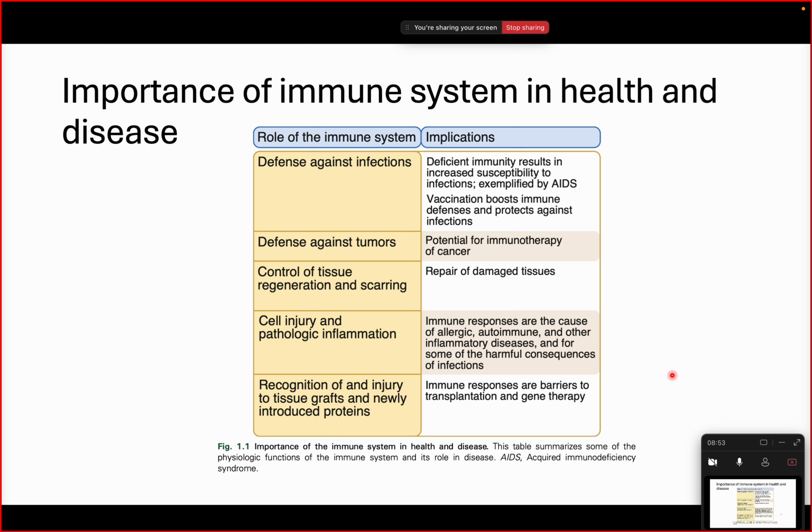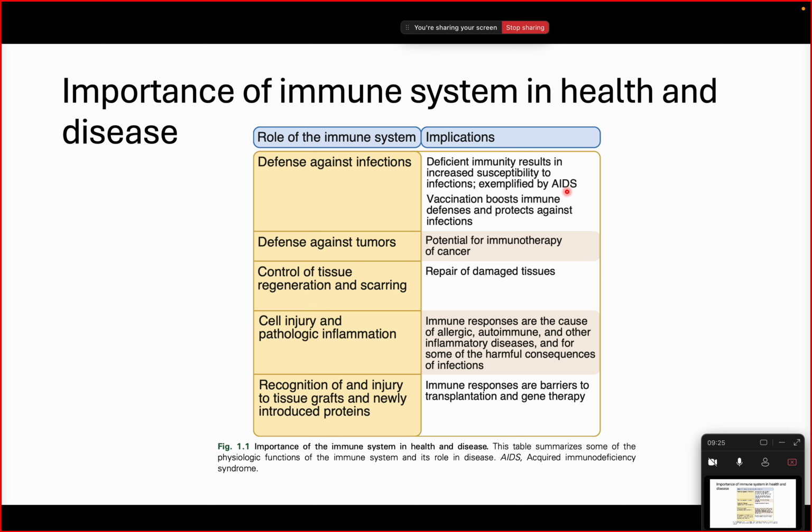So some of the importance of immune system, like why do we need immune system in the first place? There are few benefits provided by the immune system, and the benefit includes defense against infections. That is, deficient immunity results in increased susceptibility to infections, such as in AIDS, that is acquired immunodeficiency syndrome, right?